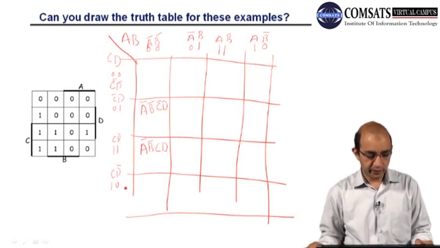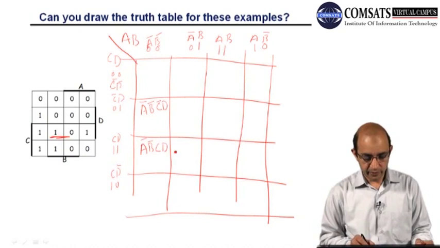So if you look here, we have a 1 here, here, and here. So what we will be having is A bar, B, and C bar D. Here we will be having A, B bar, and C D. Similarly we will be having A bar, B bar, and C D bar, and A bar, B, this column, and C D bar.